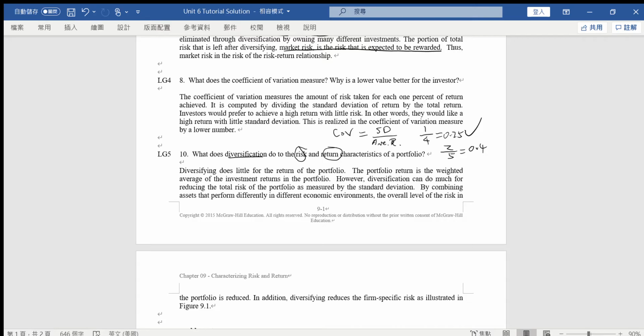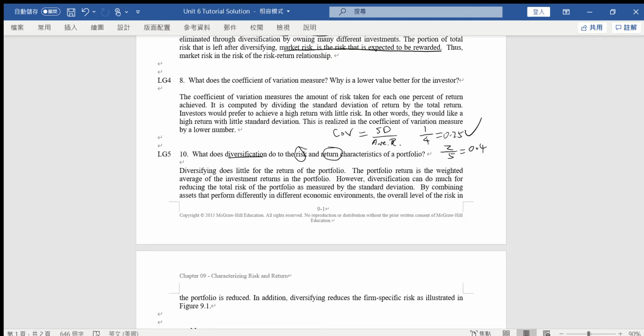That means if you hold different kinds of investment under different economic situations, diversification can reduce risk to a great extent, the overall risk will be reduced, and finally the result will be much better.